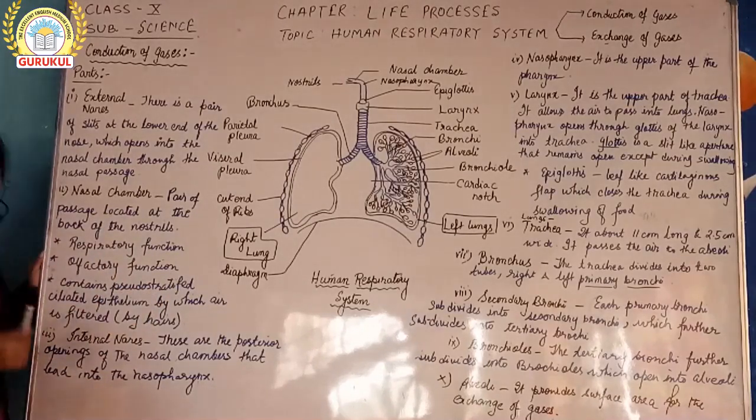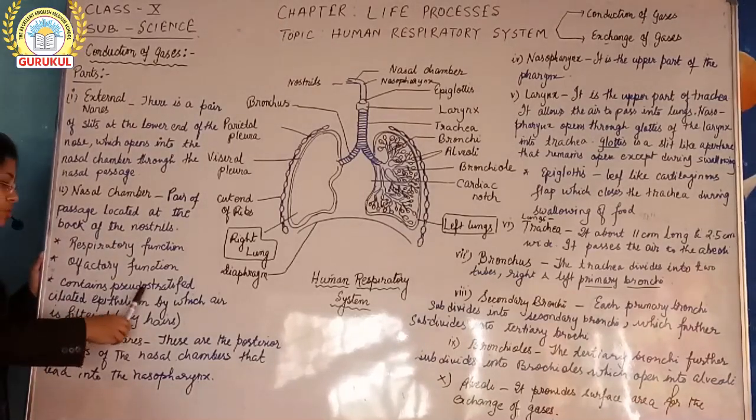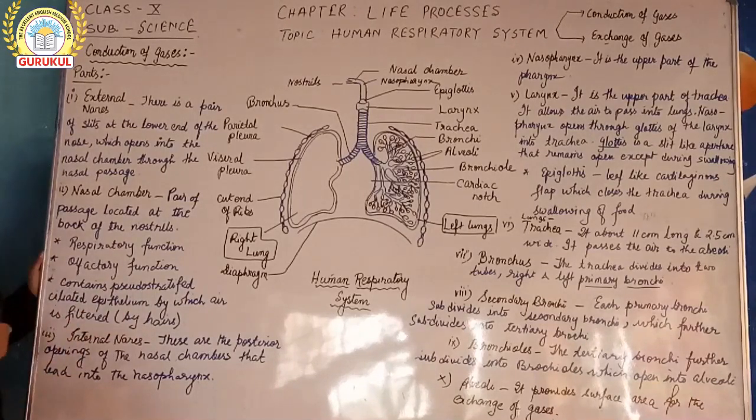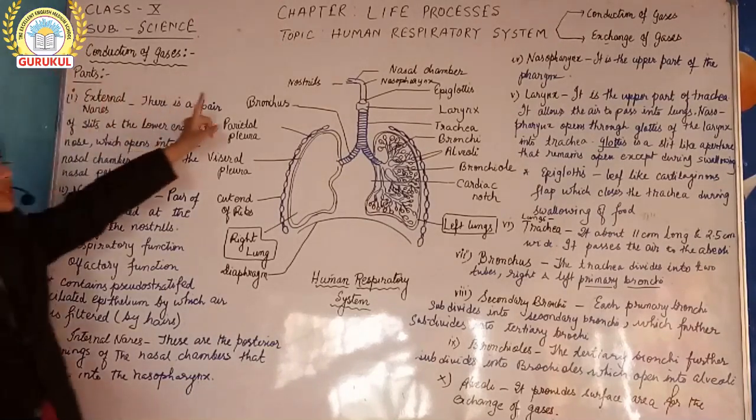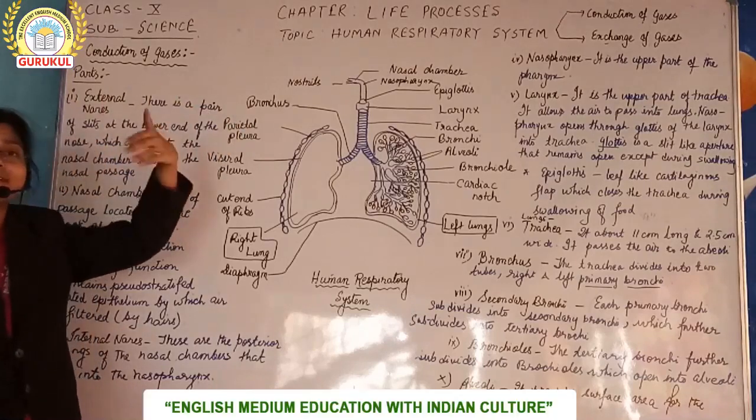Another very important function is, in our nasal chamber, there is a tissue known as pseudo-stratified ciliated epithelium. Ciliated epithelium, what does it do? It prevents the entry of dust particles into our respiratory tract.